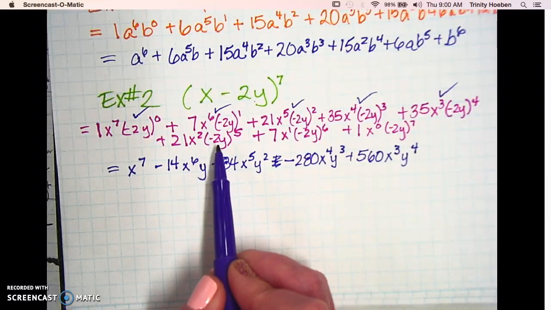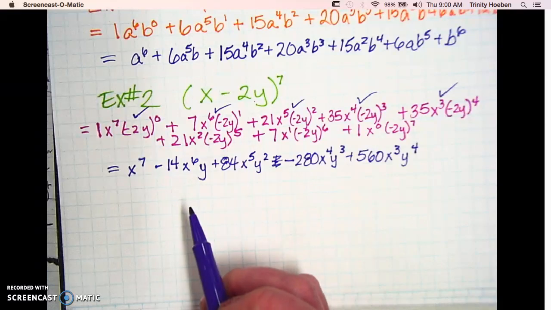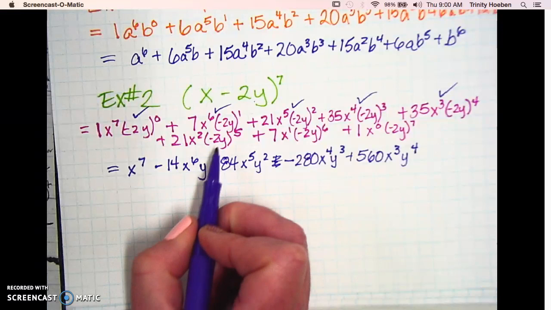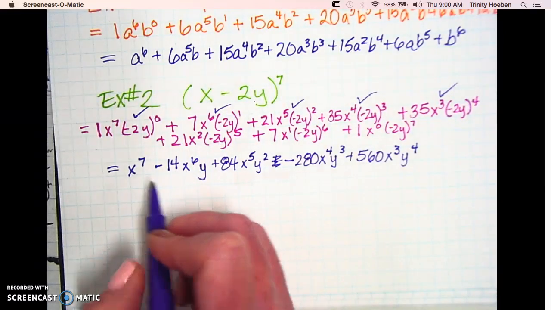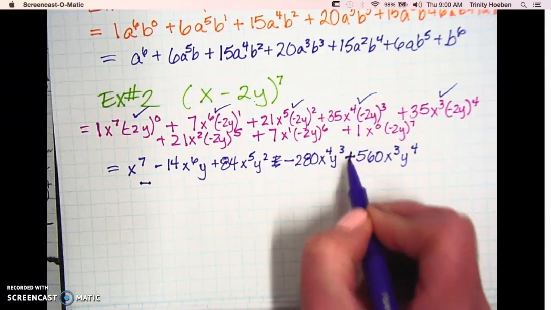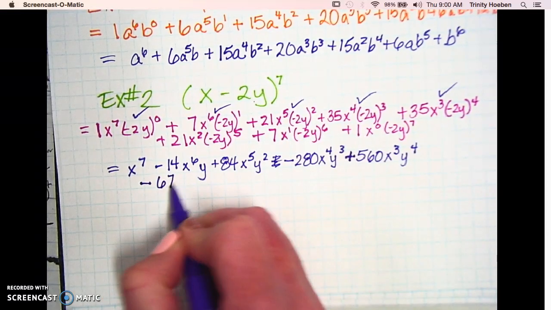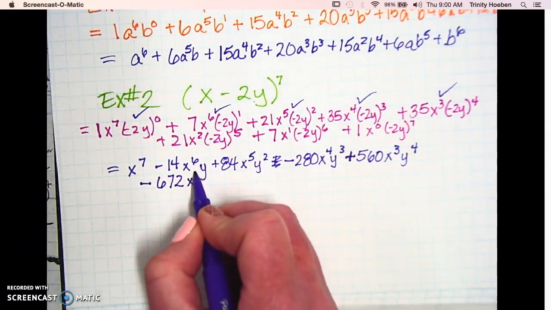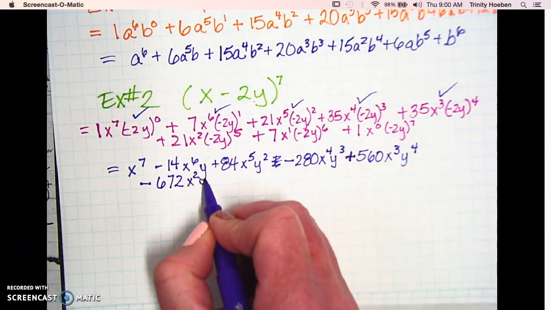So jump down here. Negative 2y to the fifth power. So negative 2 times negative 2 times negative 2 times negative 2 times negative 2, and then multiply that by 21. We're on alternating, so this one should be negative. 672 x squared y to the fifth.